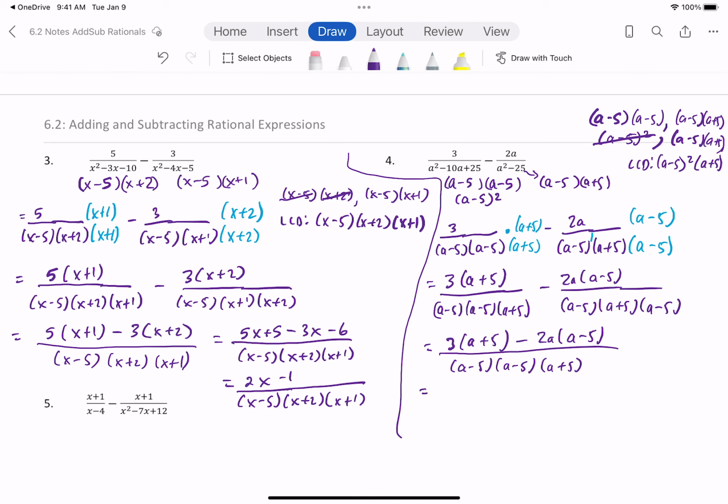Alright, now let's simplify the top. So I have 3 times a, 3 times 5, minus 2a times a is minus 2a squared, and then minus 2a times minus 5 is plus 10a over that denominator again.